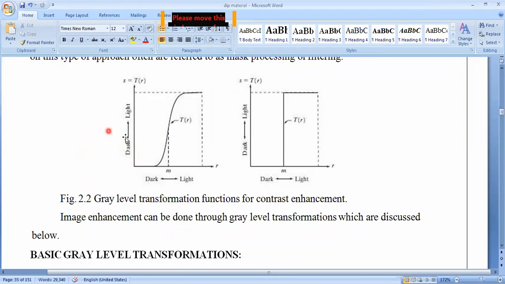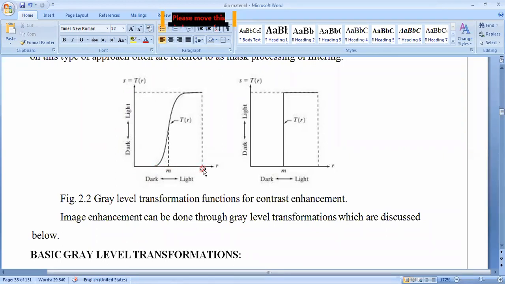Now this representation of pixel values is shown in a continuous manner. Generally our pixels are not continuous: 0, 1, 2, 3, 4, 5, 6 like this up to 255.